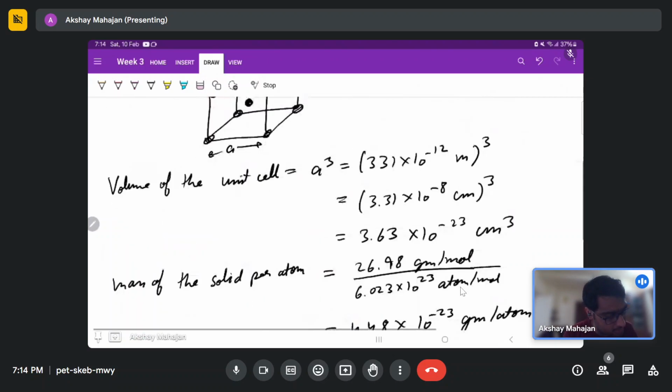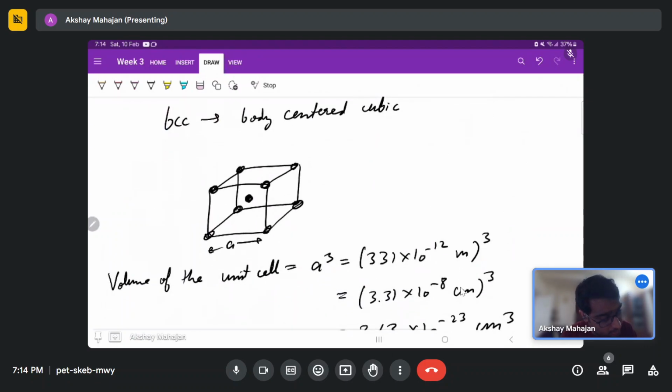so here you can see for a BCC unit cell, we will have one atom in the center. A solid is made by this periodicity, so there will be other unit cells as well in all three directions, and each of these corner atoms is going to be shared by the other unit cells as well.